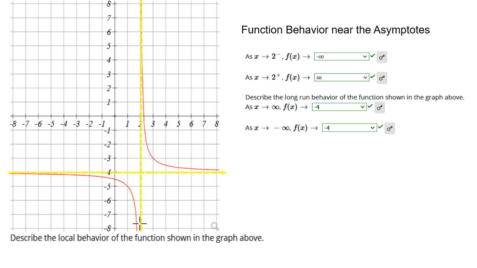So what we want to do is take a closer look as x is approaching a certain value from each side of the asymptote, what's happening with the function. So in the first part here, notice that it says we want to see what's happening as x is approaching positive 2.